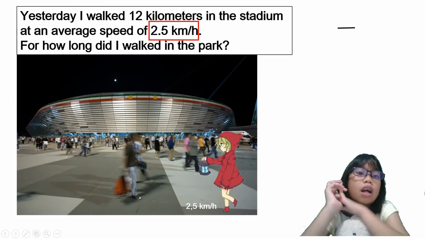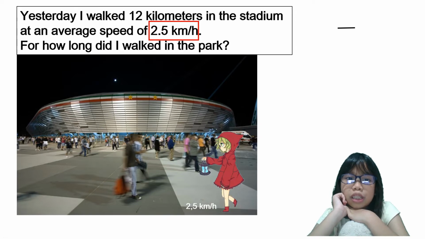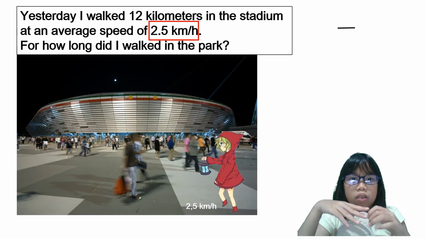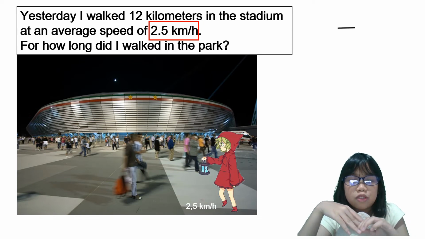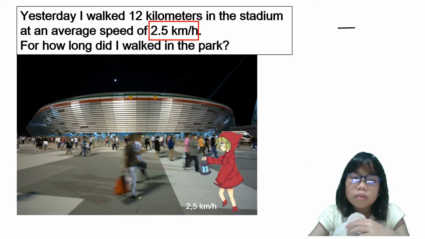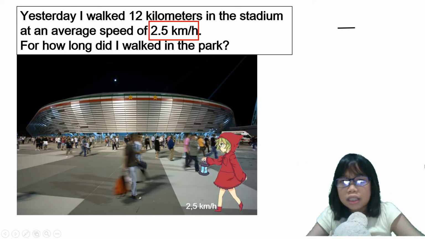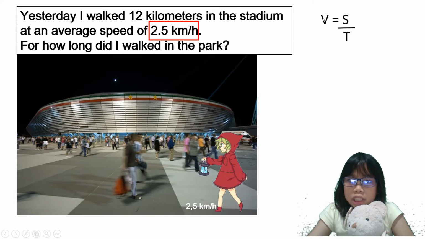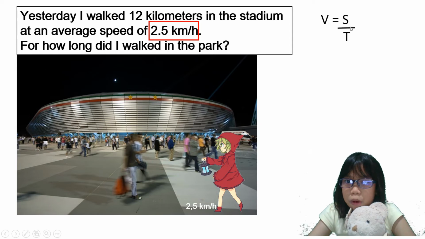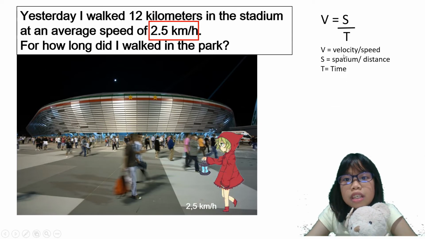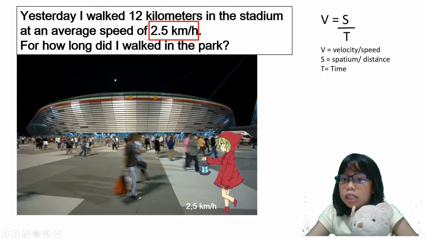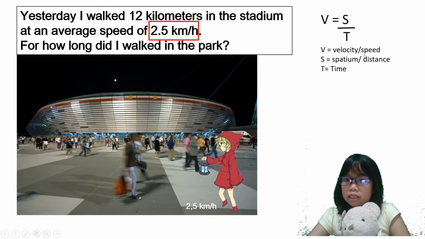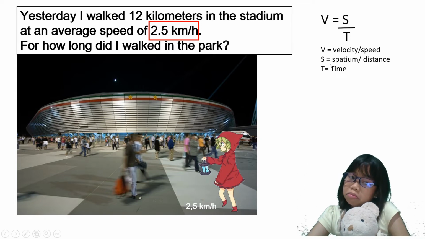Usually there are variables for this. Okay, so let's say V equals S per T, where V is velocity, which is speed, S is spatium, or distance, and T is time.